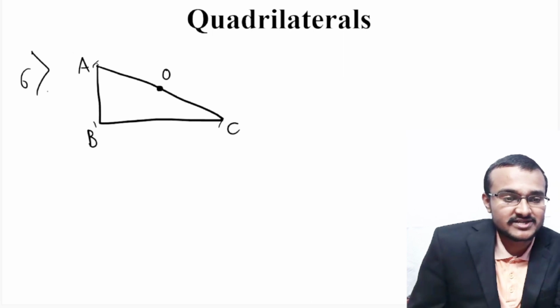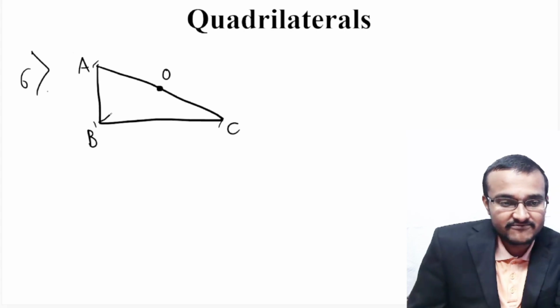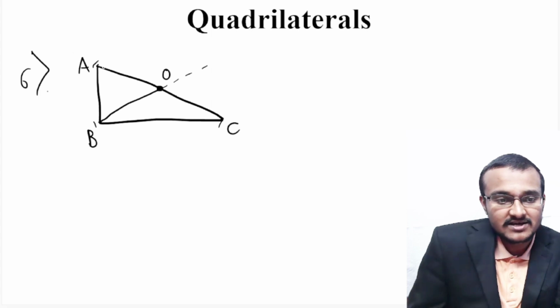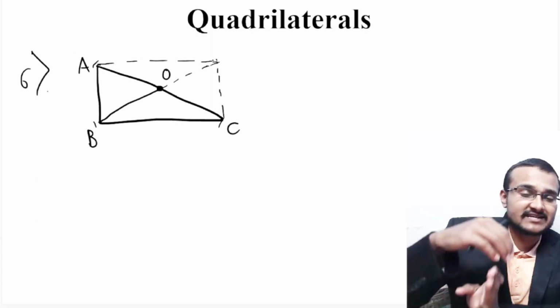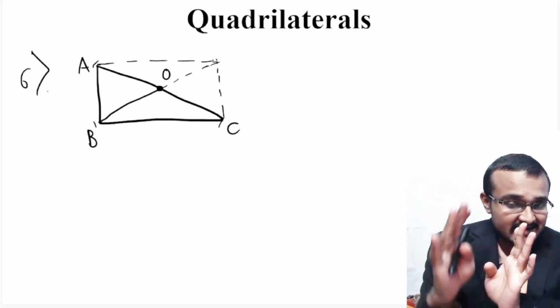Hence OA is equal to OC. Now you can draw a line from B to O, and extend this line and the other lines as well. So we have extended those lines and formed an imaginary rectangle.